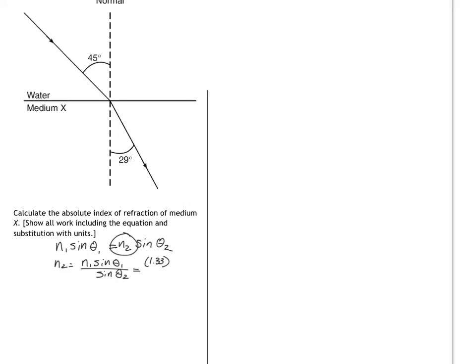And the theta in water is 45. The angle in medium X is 29 degrees, so for sine theta 2, I'm going to write sine 29. And from here, I need to solve. And I got 1.94 as my absolute index of refraction.